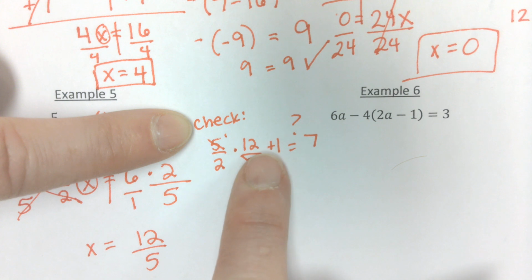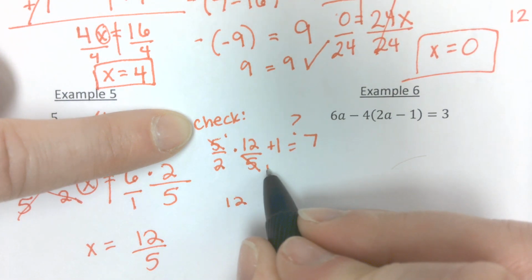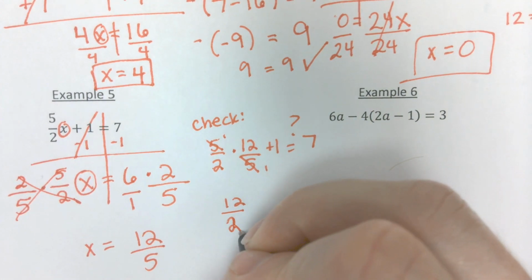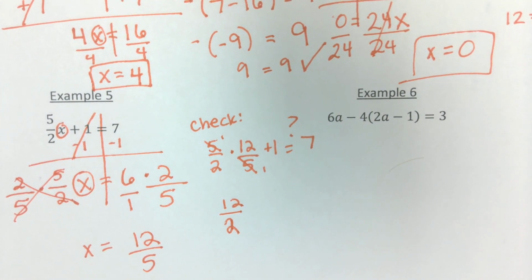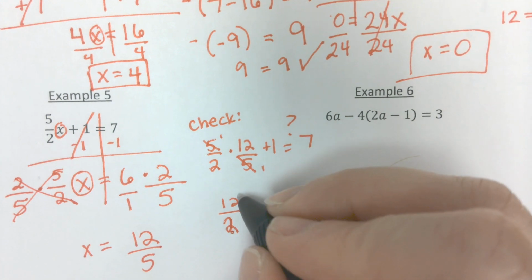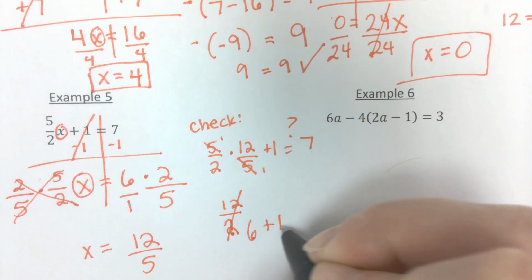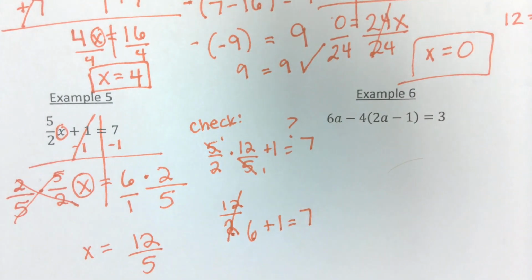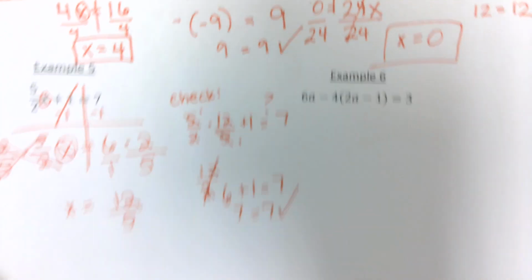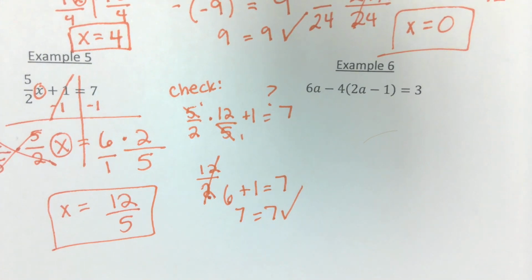Now we have 1 times 12, which is 12. 2 times 1, which is 1. No, 2. Almost messed up there. What is 12 divided by 2? 6. So that equals 6. 6 plus 1 is 7. So we were able to check it even with fractions and without our calculator.